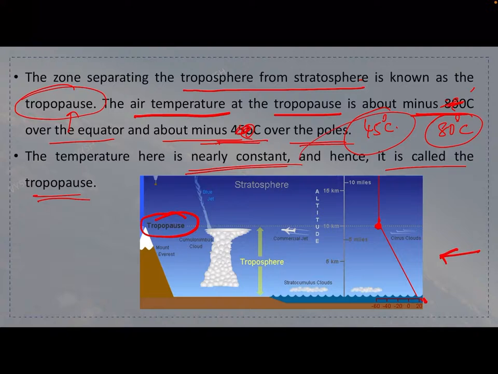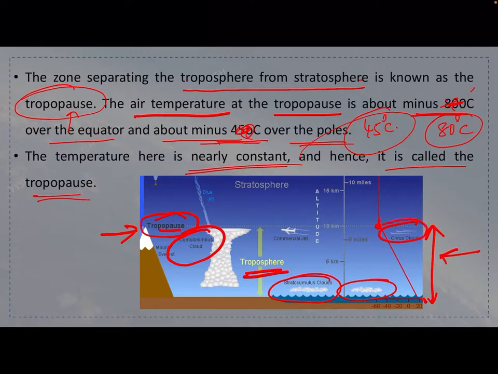Here you can see the troposphere has your cumulus clouds and cumulonimbus clouds, and the top of Everest is in the troposphere itself. It's just going to touch the tropopause, so that huge. Even the cirrus clouds are there.